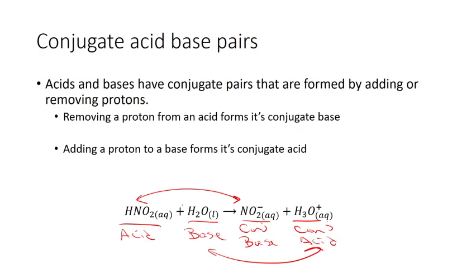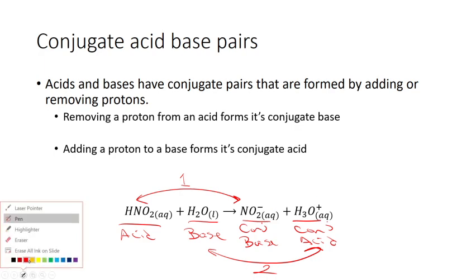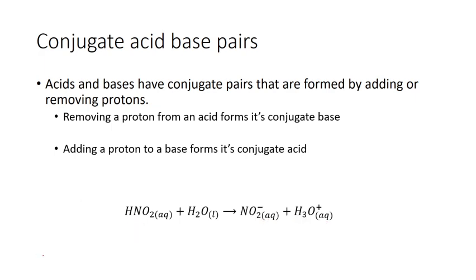So we always work in these pairs: pair 1 up here, pair 2 down here, where we have an acid and conjugate base in 1, and the base and conjugate acid pair in 2. So you always have an acid conjugate base or base conjugate acid pair in acid-base reactions.